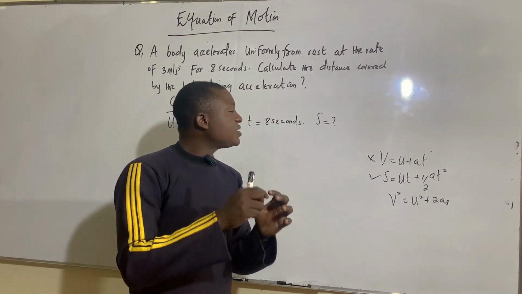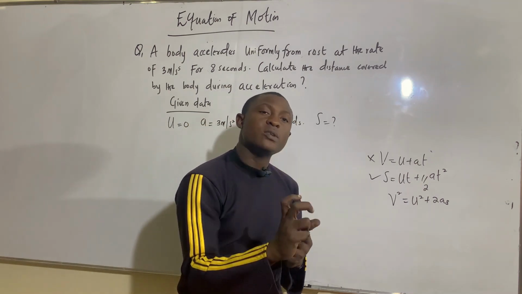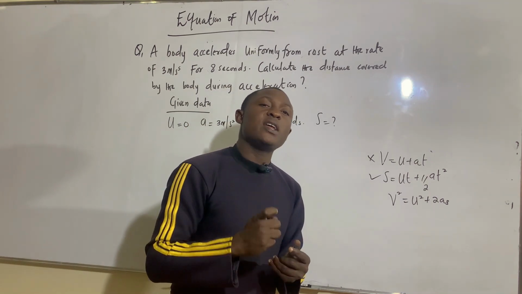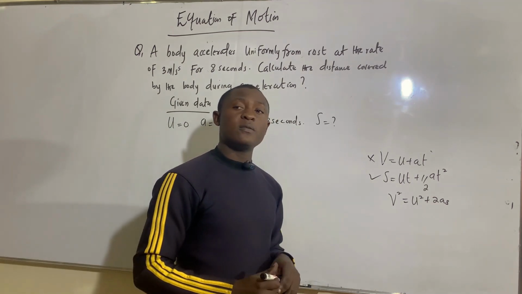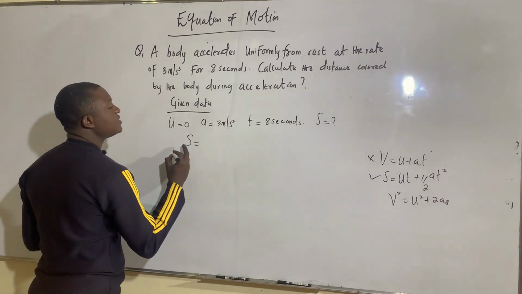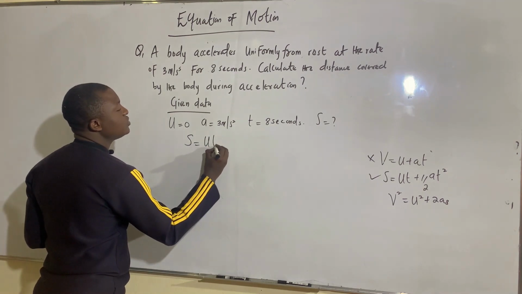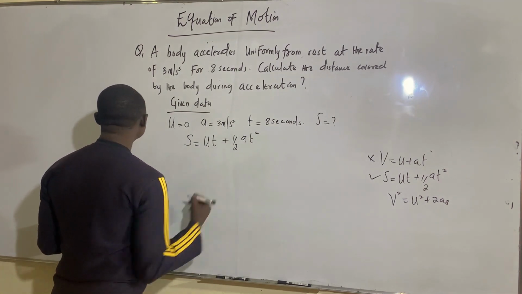So if you are solving a problem under equations of motion, the first thing is to write down the three formulas and check which of them satisfies the data you are given. Now let's apply the second one. x is equal to ut plus 1 over 2 at squared.